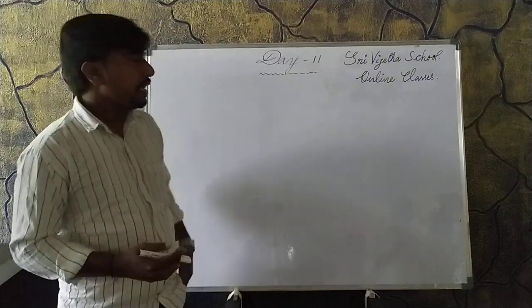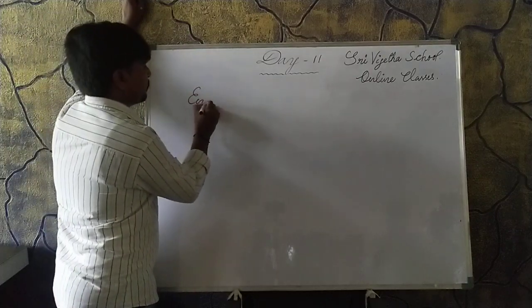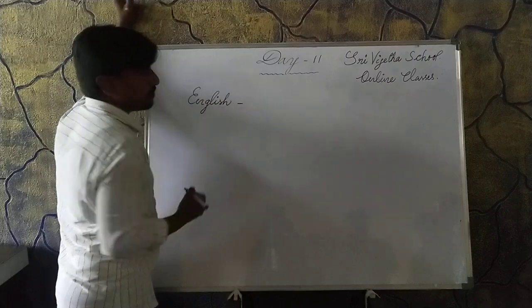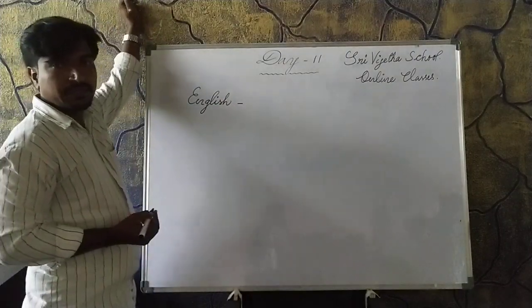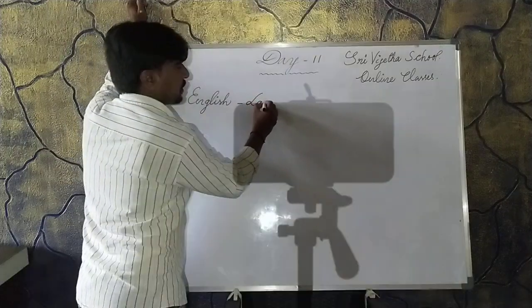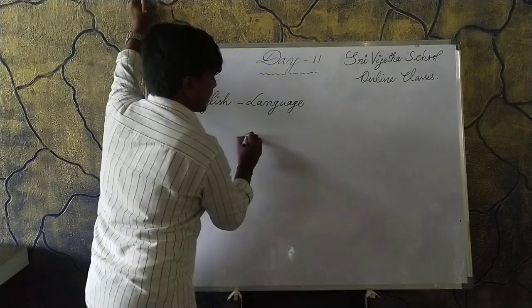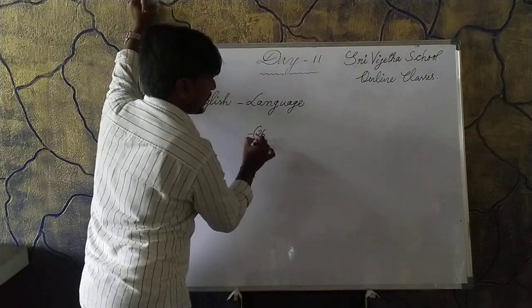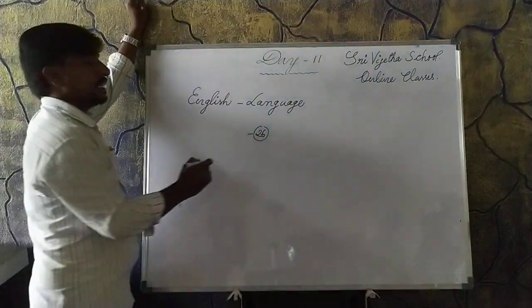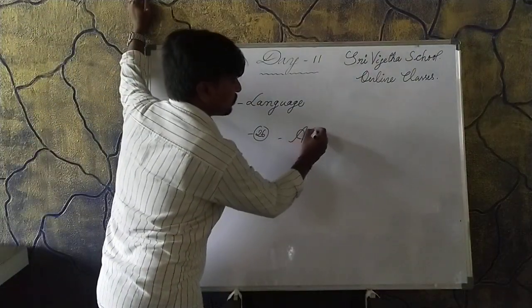The English language contains totally 26 letters. How many letters are there? 26 letters. These 26 letters are called the alphabet.